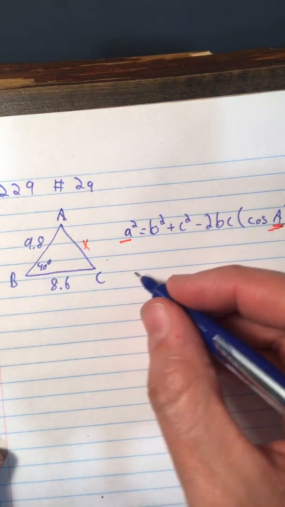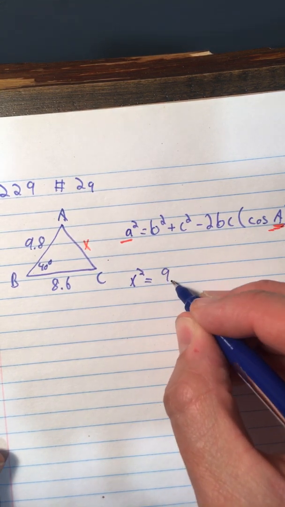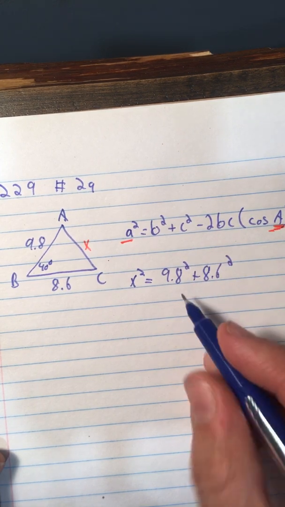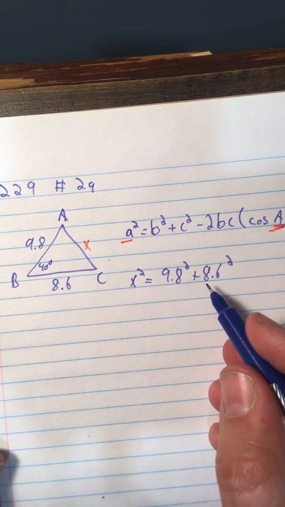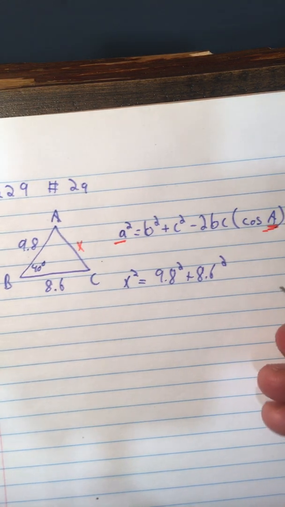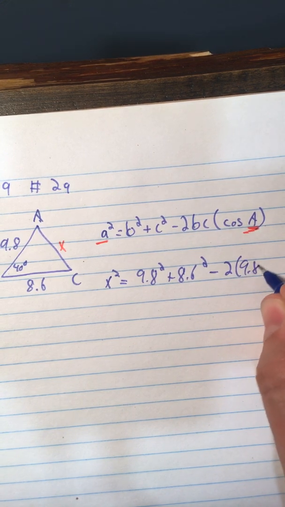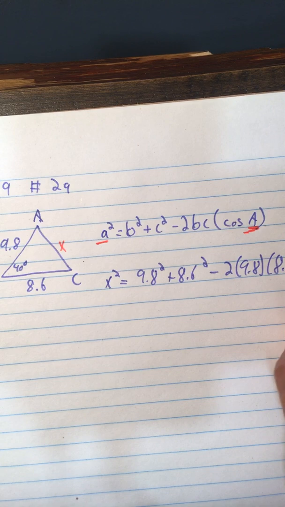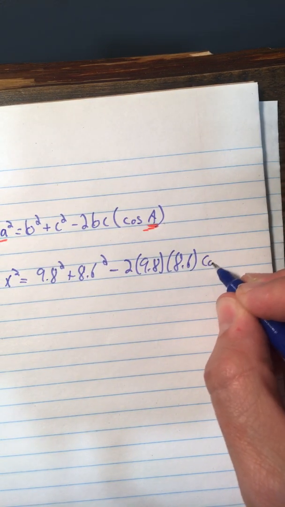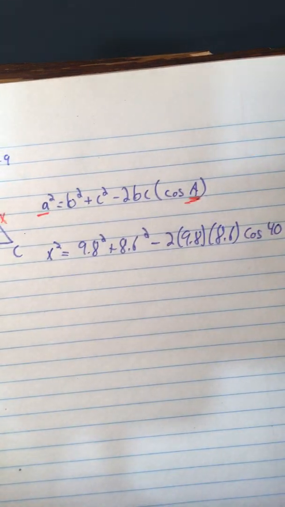Now, to solve for x, I'm going to have x squared is equal to 9.8 squared plus 8.6 squared. These two are interchangeable. It doesn't matter if you wrote 8.6 squared plus 9.8 squared or this way. Minus 2 bracket 9.8, 8.6. Once again, the order of those two does not matter. Times the cos of 40 degrees.